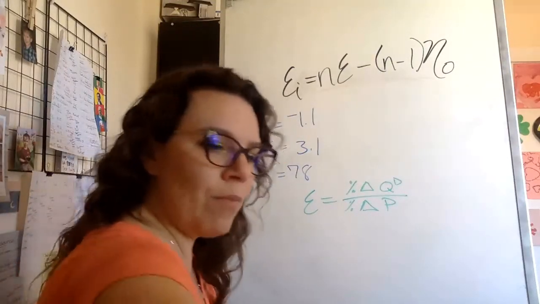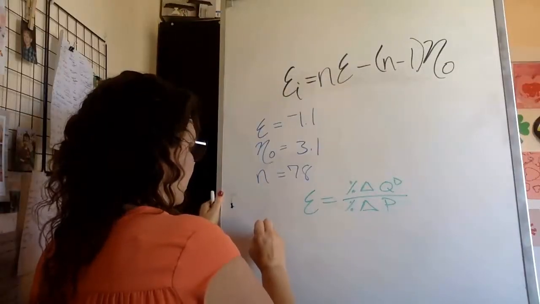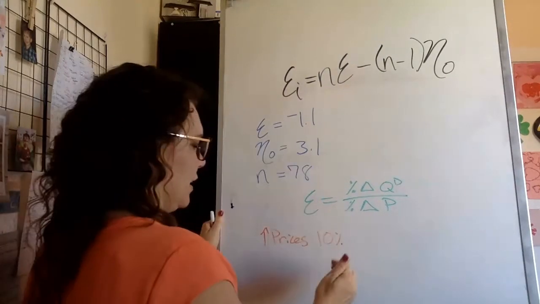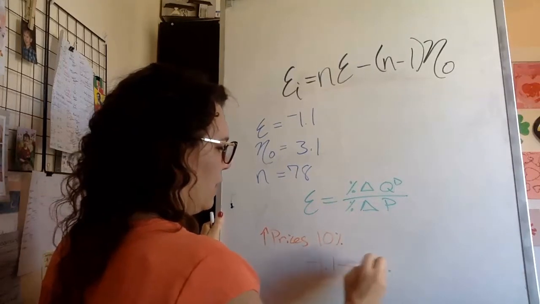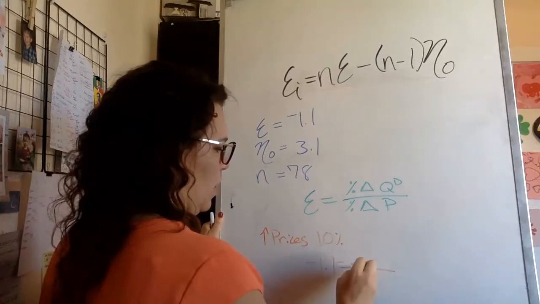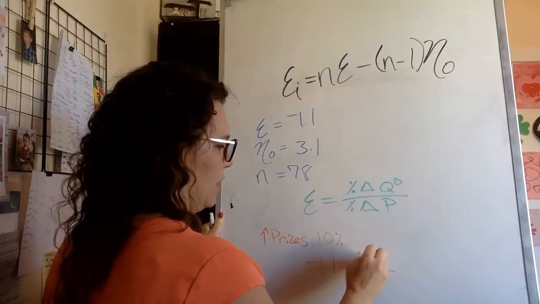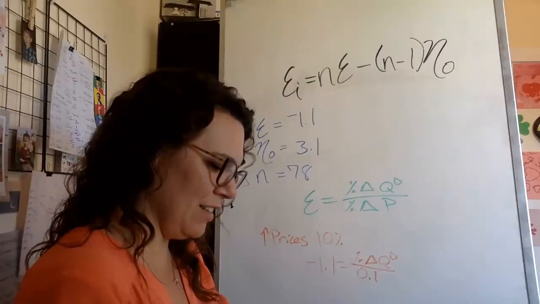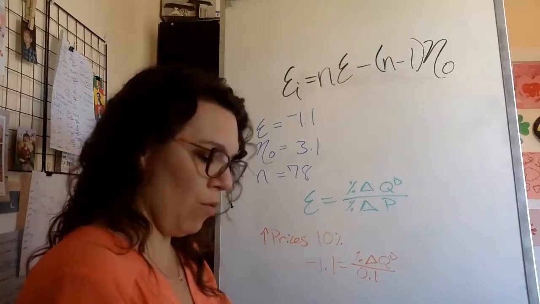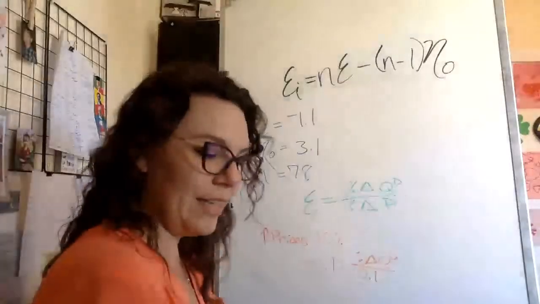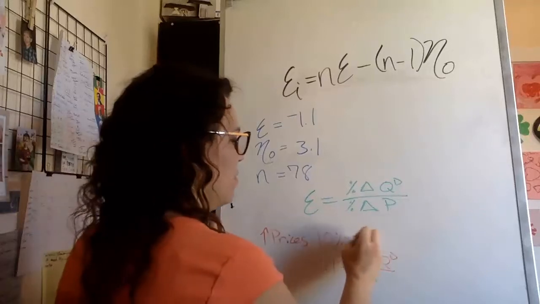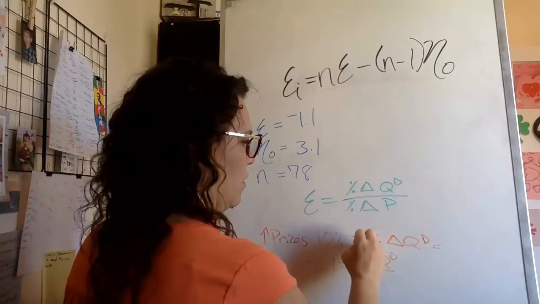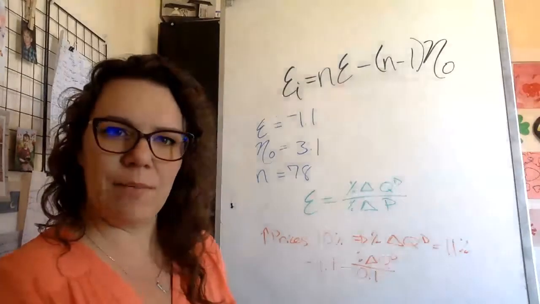So for example, if we saw the market increase prices by 10%, we can use that price elasticity of demand, negative 1.1, is equal to the percent change in quantity demanded divided by 0.1, and then find that percent change in quantity demanded by taking negative 1.1 times 0.1 to get the percent change in quantity demanded, which is going to be 11%. Does that make sense?